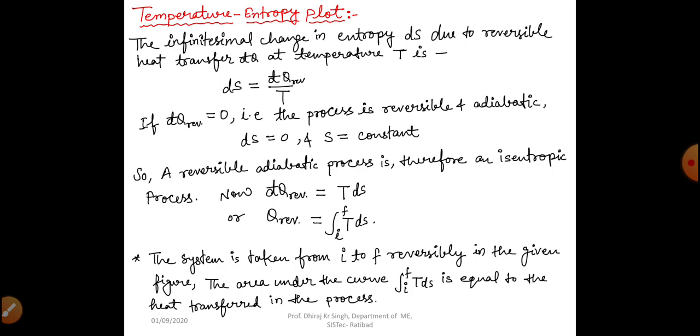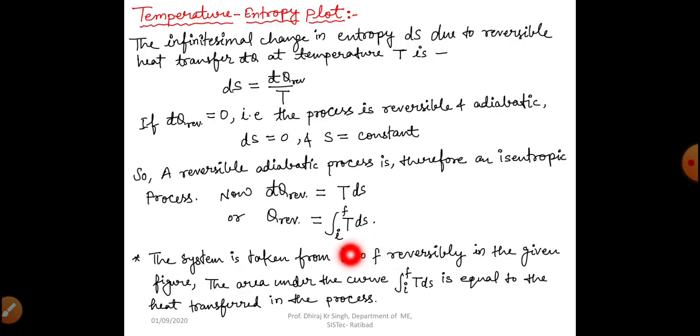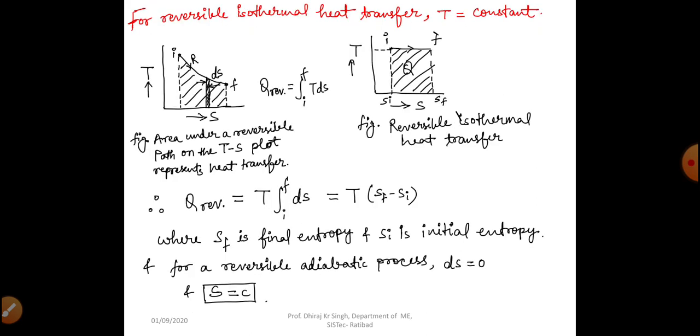Dear students, the system is taken from I to F reversibly in the given figure. In this figure the process is going reversibly from I to F. The area under the curve, integral TdS, is equal to the heat transfer in the process.